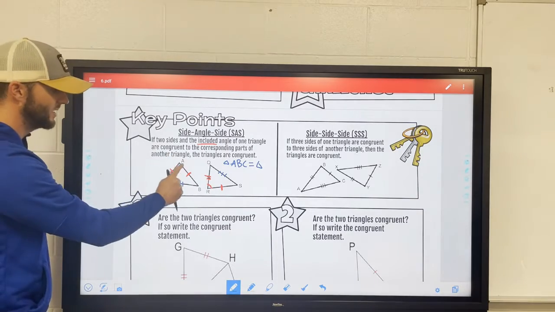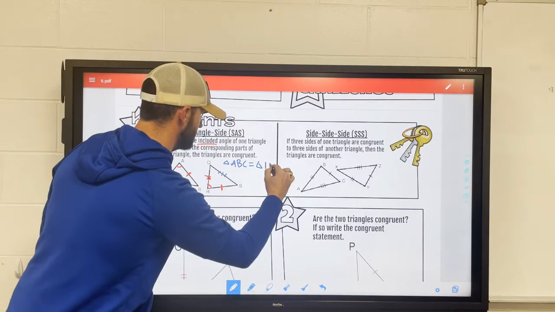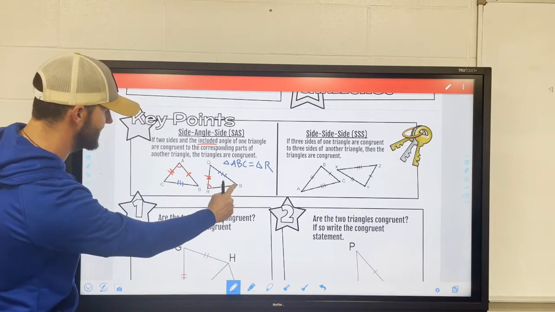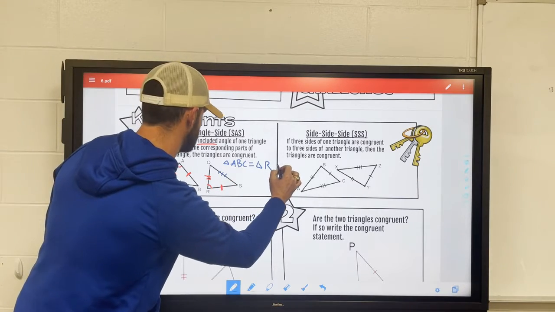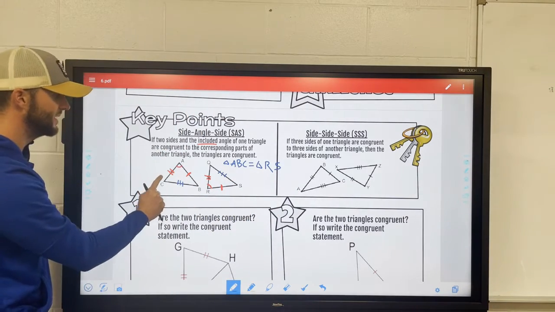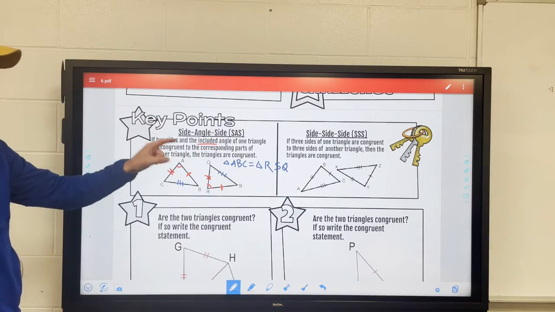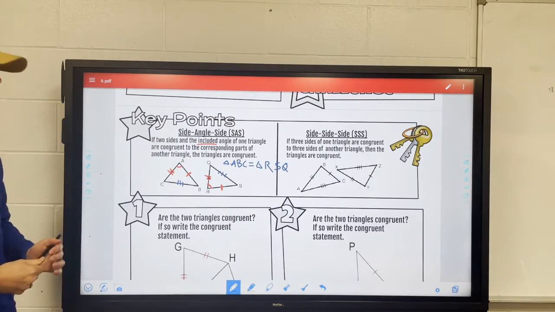So A is going to go with R, okay? B is going to go with, it looks like S in this instance. And then C is going to go with Q in this instance. So right now, ABC is going to be congruent to RSQ.